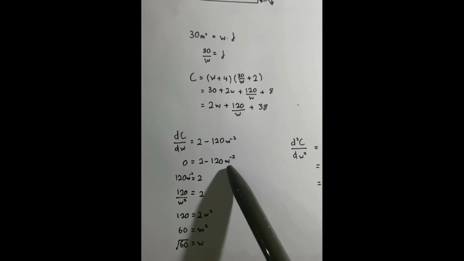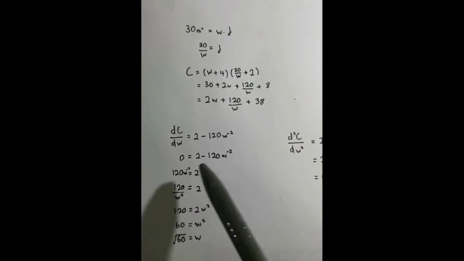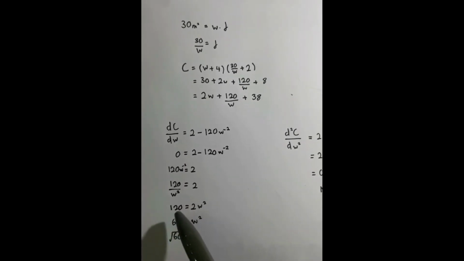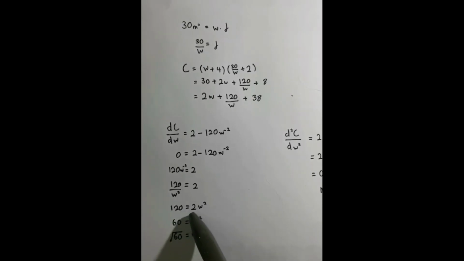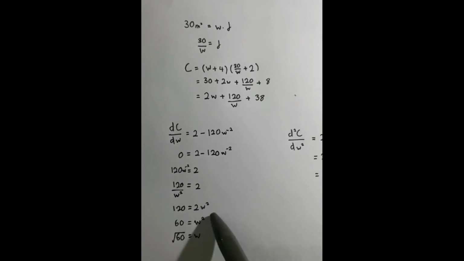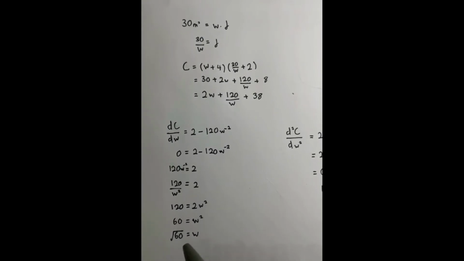After that, we need to set dC over dW to 0, so that we can get the value of W. So I move this negative 120 to the left side and move the W squared to the right side and simplify it. 120 divided by 2 and get 60. After that, I need to take the square root, so I get this value equals W.